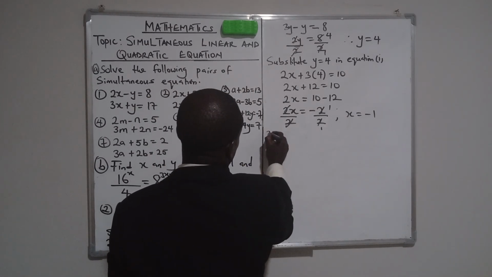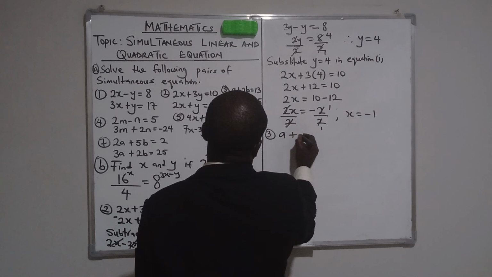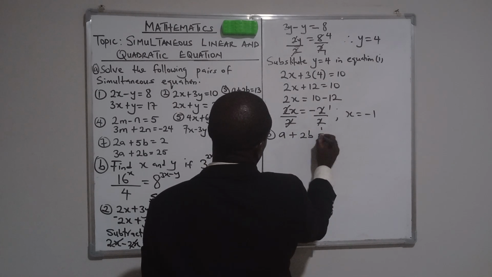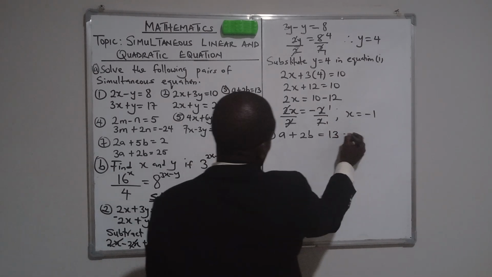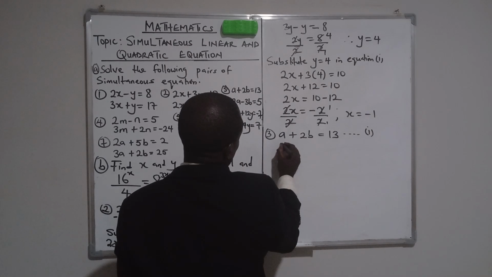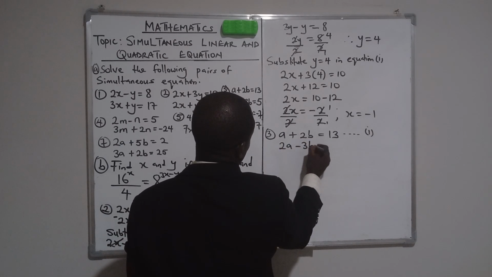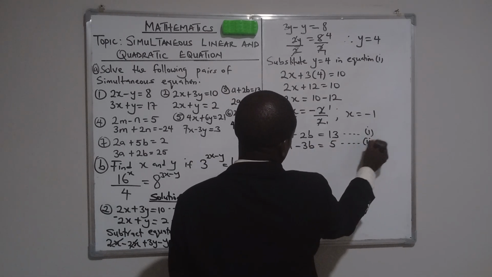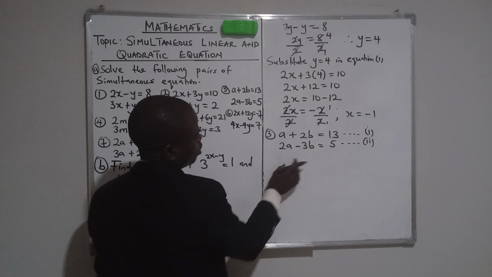Let's continue with the third question. The third question says a plus 2b equals 13. That's our equation 1. We have 2a minus 3b equals 5, equation 2. You can see that none of them are the same.